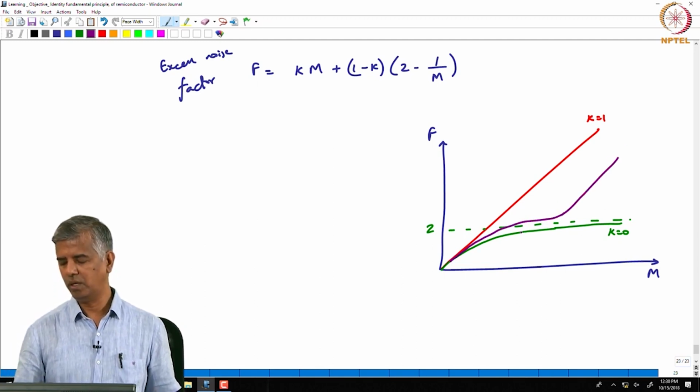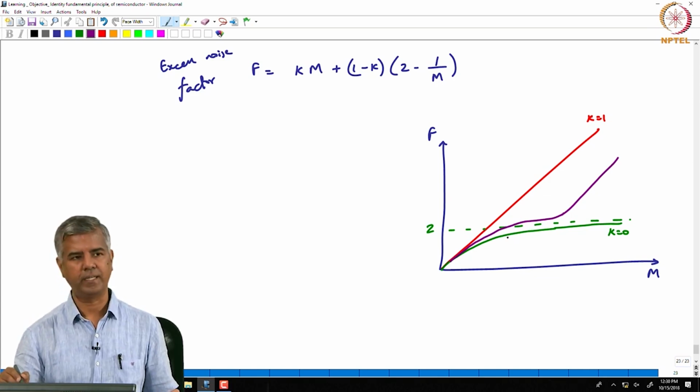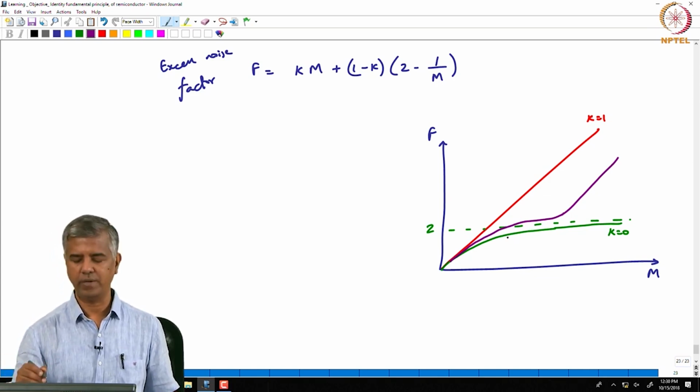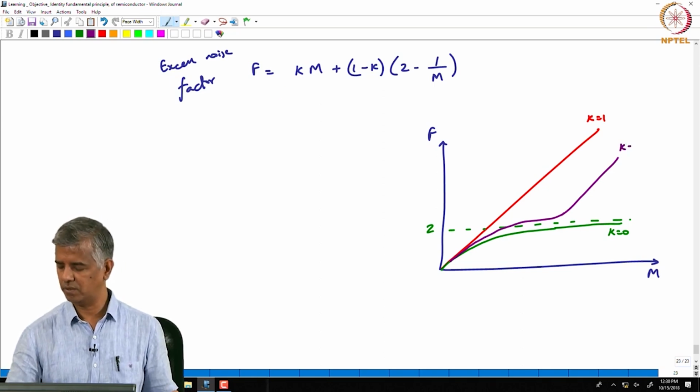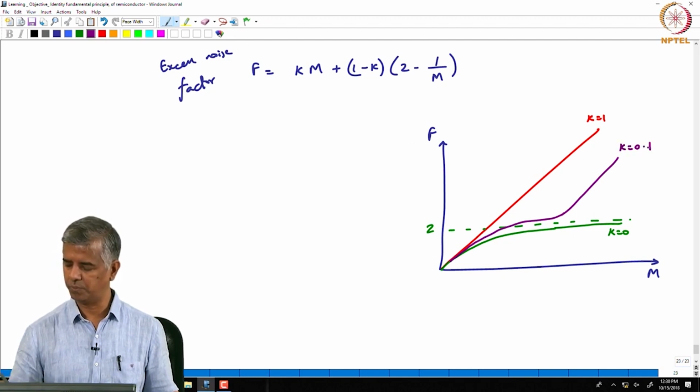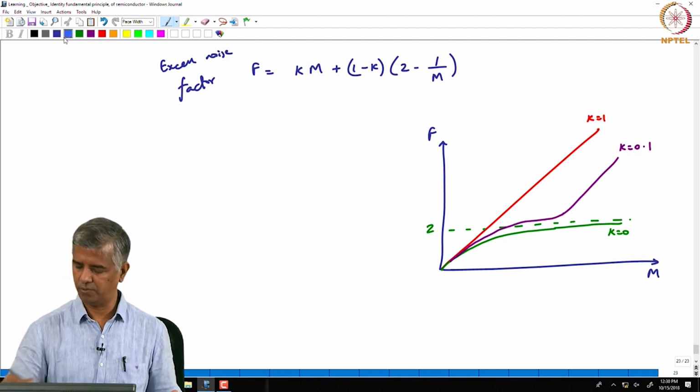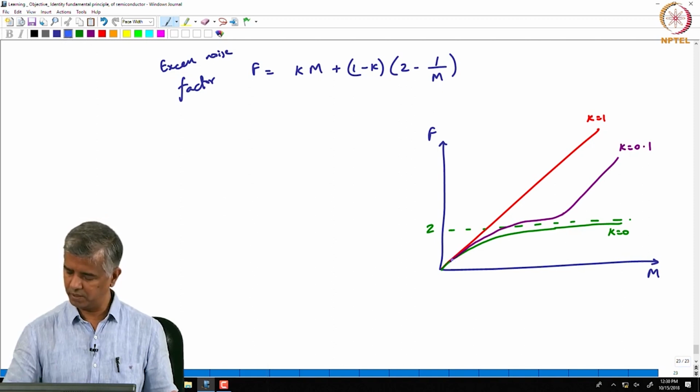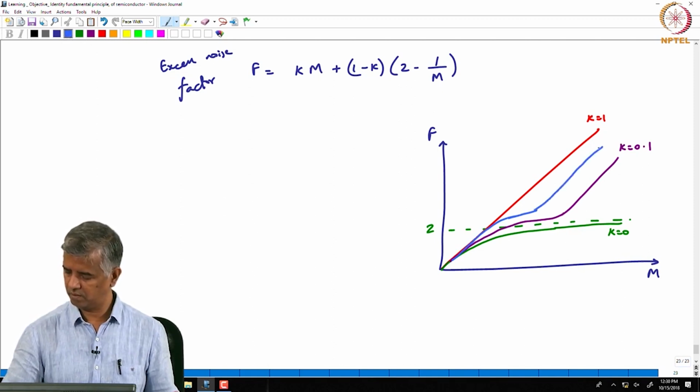At low values of M, the second factor dominates. For large values of M, the first factor dominates, right. So, this is for k equal to 0.1, and for indium gallium arsenide, it is something like this, k equal to 0.5.